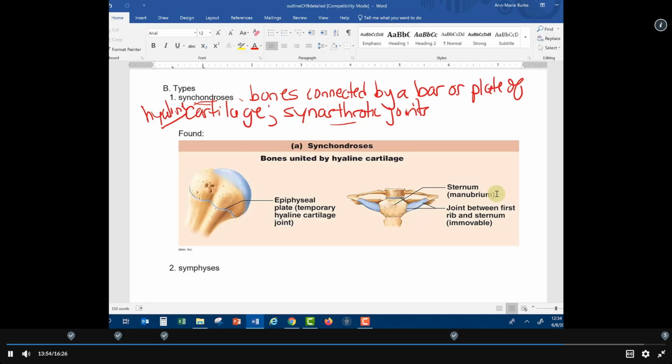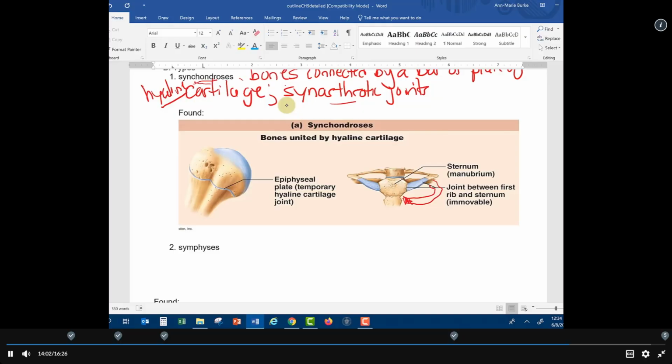So we still have the hyaline cartilage in here, but right here we are going to have a synovial joint. It just so happens that the joint between all the other ribs besides rib number 1 and the sternum is a synovial joint, which allows movement.